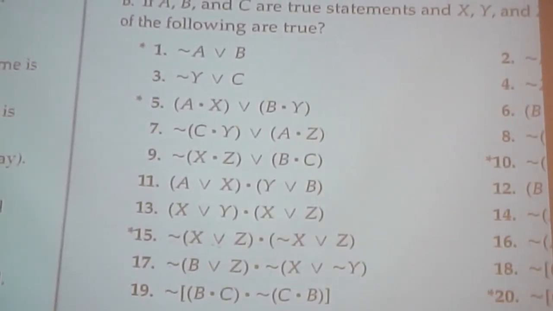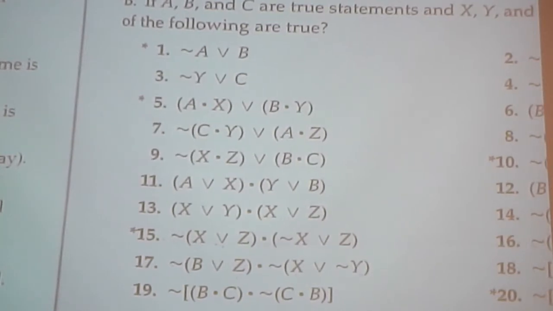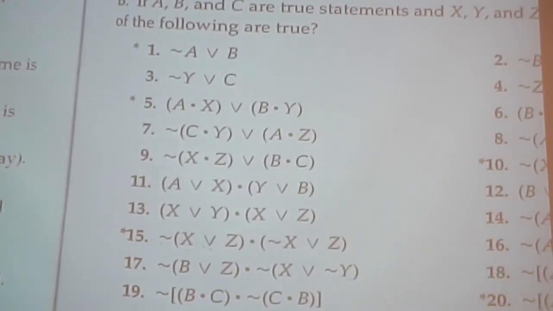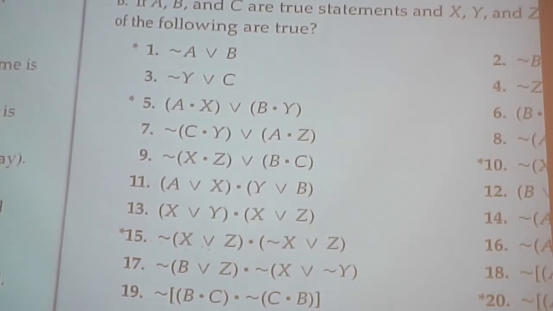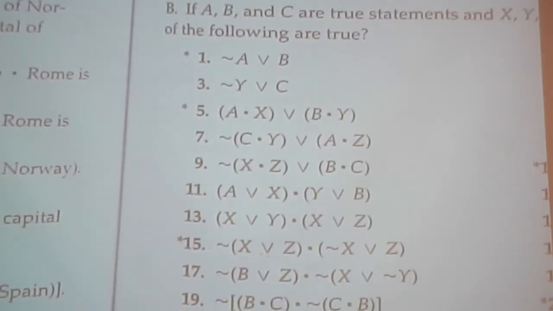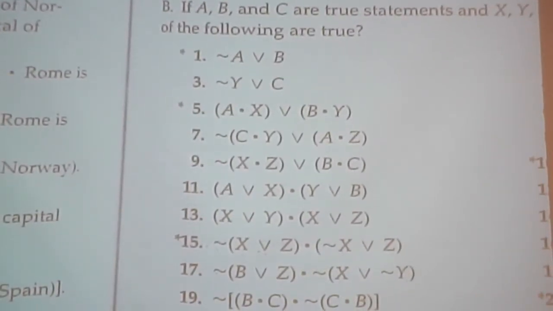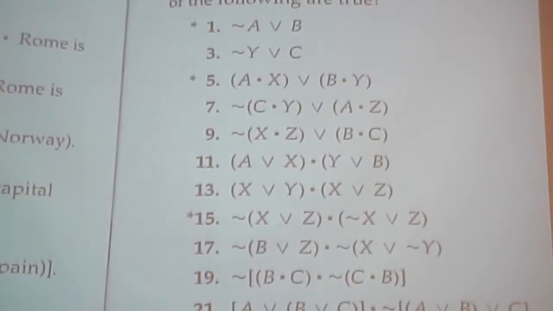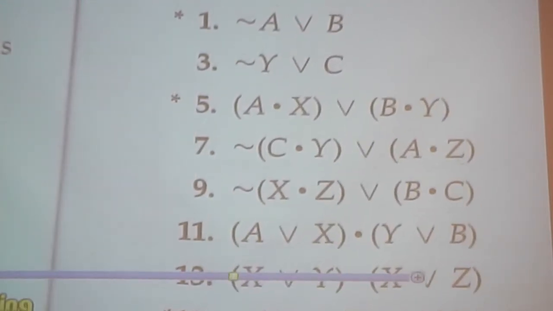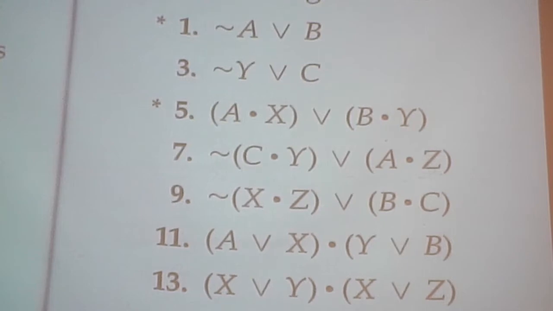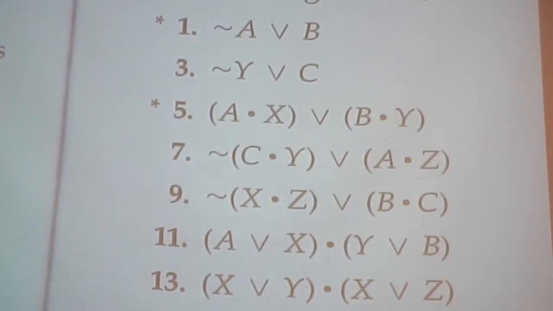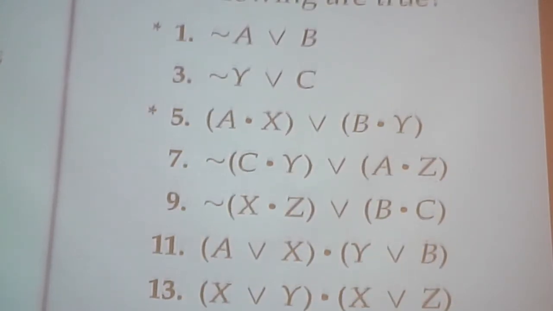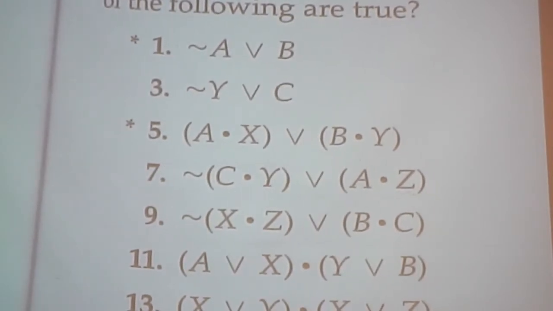Okay, let me ask you a number of things about these examples. For example, what kind of compound statement do we have in number 1? Disjunction. It's a disjunction. And what do we call that symbol that makes a disjunction? It's a wedge. What do we call those components of a disjunction? Disjuncts.